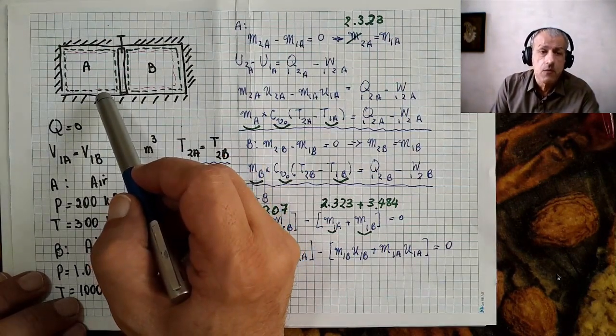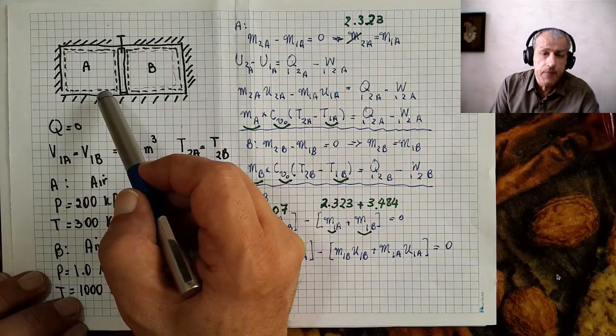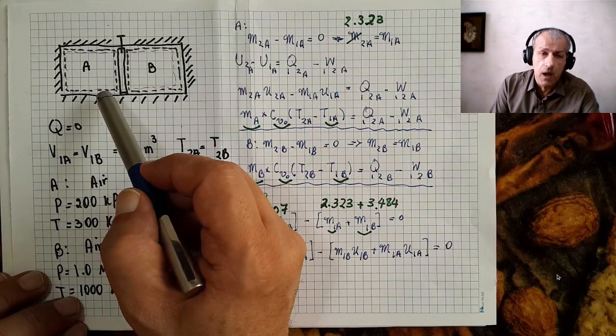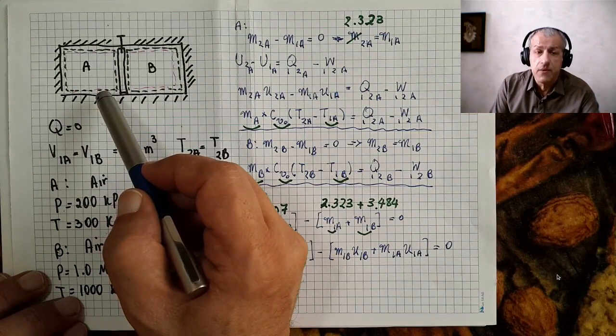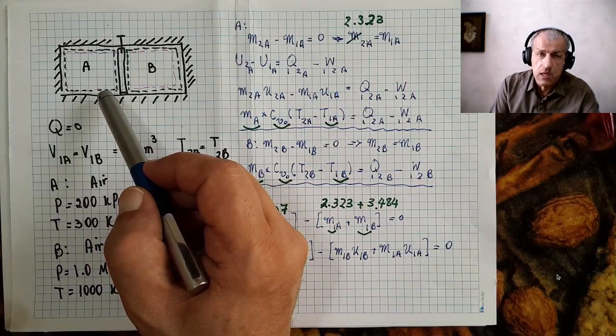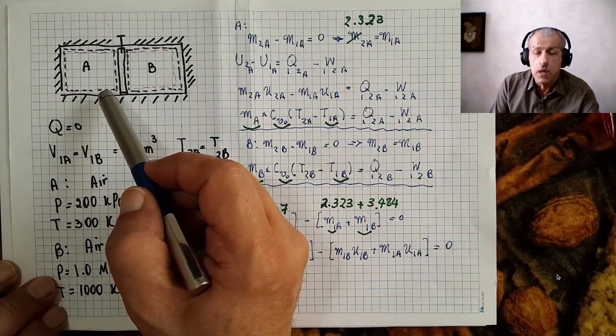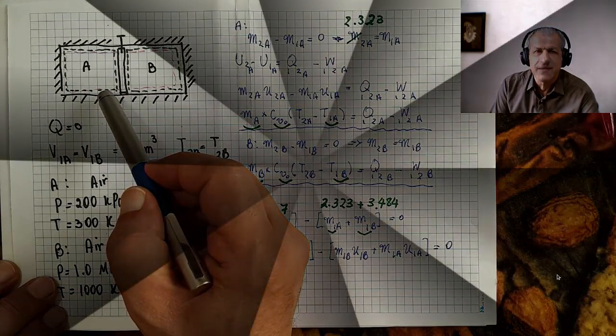The boundary work and heat transfer would be slower at the end. Heat transfer would take far longer because heat transfer is a slower process. The pressure waves move at the speed of sound. They are faster, but when they come to equilibrium, which would take a very, very long time, they have gone through a non-equilibrium process. Okay, thanks very much for watching and cheers.